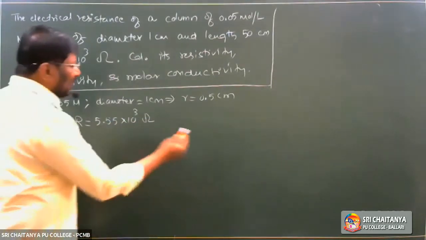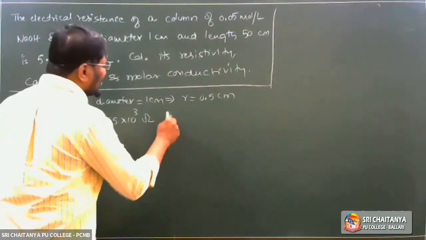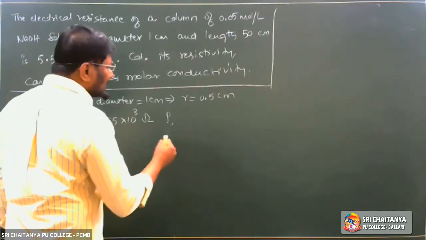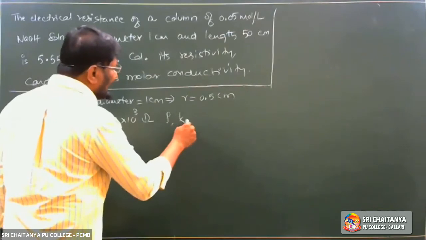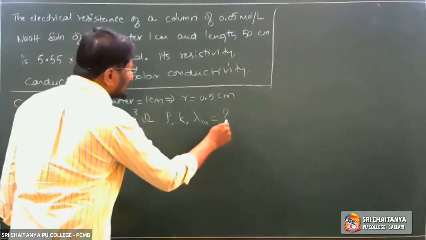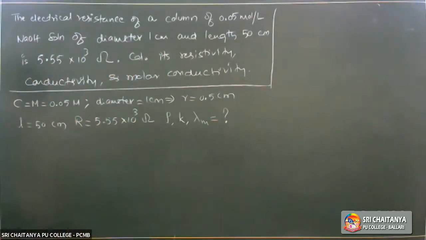Then we have to calculate resistivity rho, as well as conductivity, that is specific conductance K, as well as molar conductivity. So totally three answers you have to find out. Go through it.